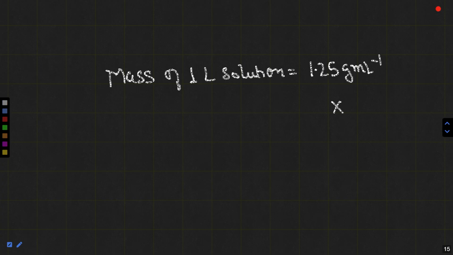And the amount present is 1 liter, which you have to convert into milliliter. Multiplying by 1000, 1.25 multiplied by 1000 gives you 1250. So this is the mass of the solution, for 1 liter of solution.